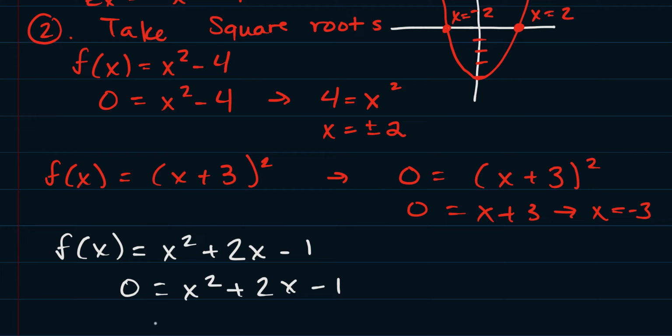If I move everything that's not squared to the other side, then I have x's on both sides of the equation. And you want to take square roots when the x is only on one side of the equation. So taking square roots is not going to work for us for all the problems we're going to see.